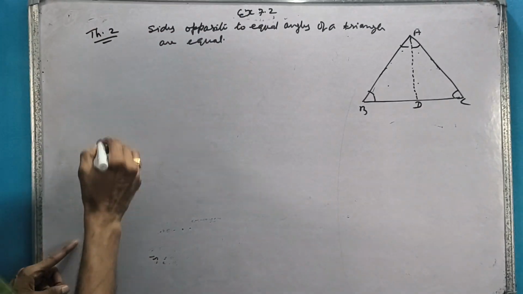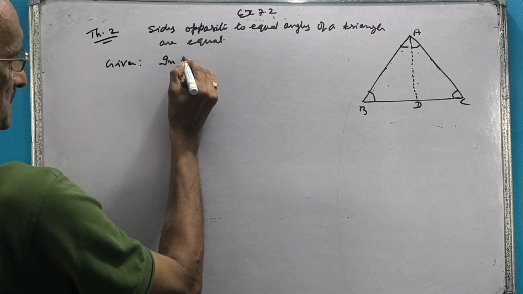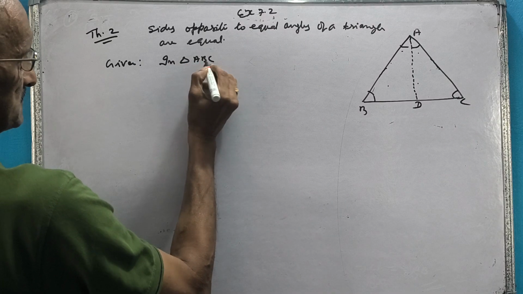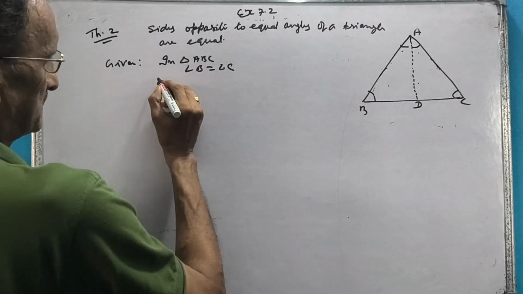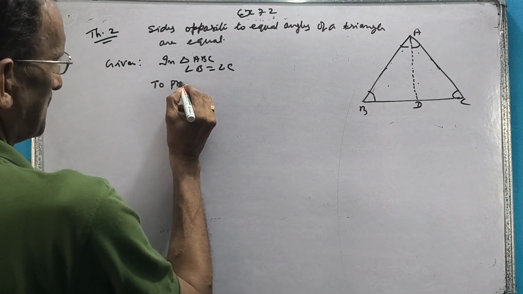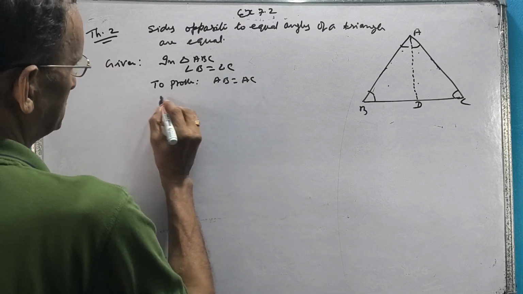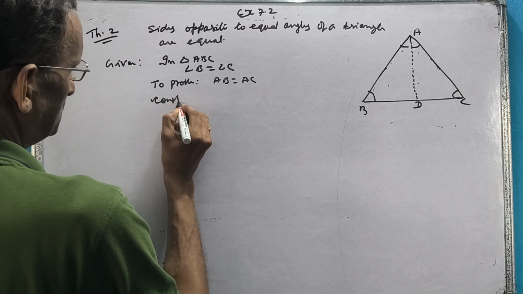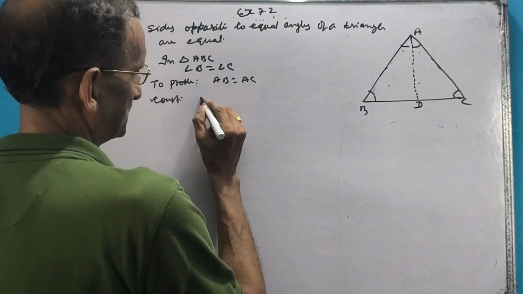So the diagram we have already drawn here. So write down given, in triangle ABC. What is given? Angle B is equal to angle C is given. We need to prove AB equal to AC. The construction is the same. You can do it a different way also, but this is also okay.